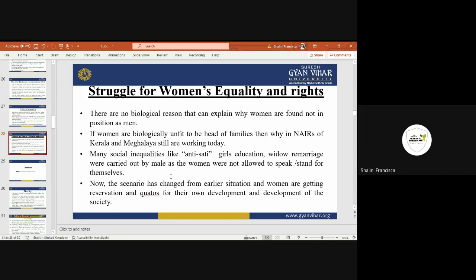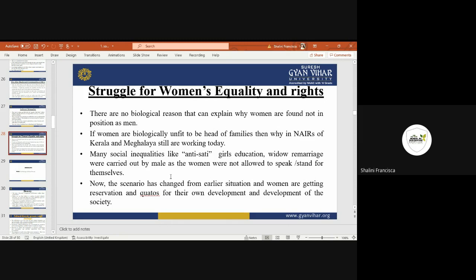If we say girls are not good at maths, in that also women are becoming bankers. I think the SBI chairman is a woman.